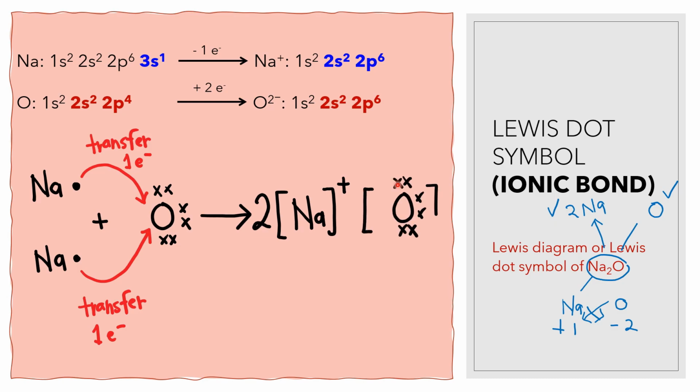And for the oxygen, it has the original 6 electrons plus 2 from the sodium just now, so the ion will become 2-. The attraction forces between these two opposite ions is what we call ionic bonding.